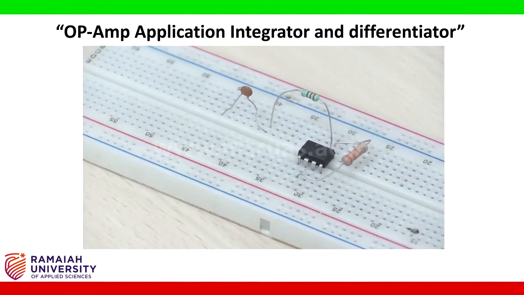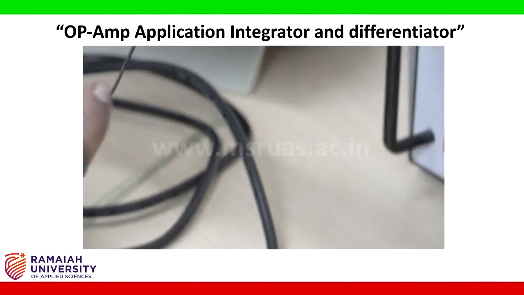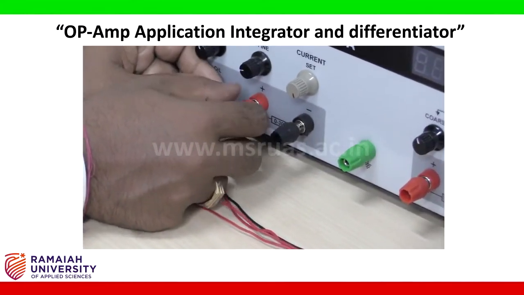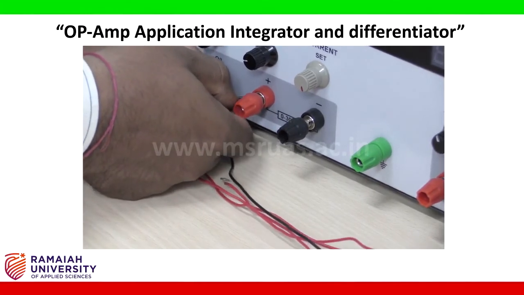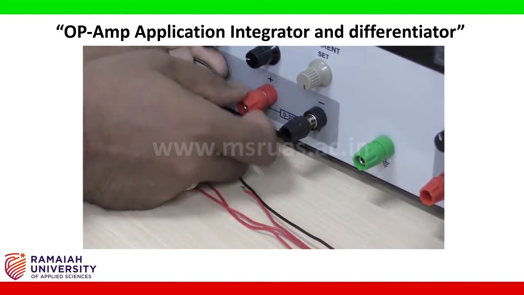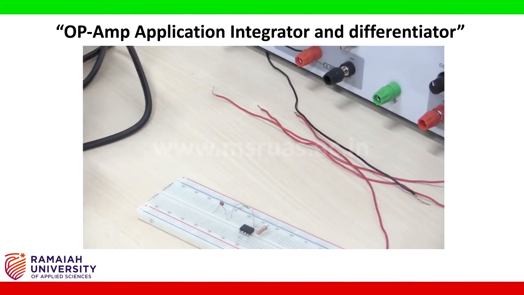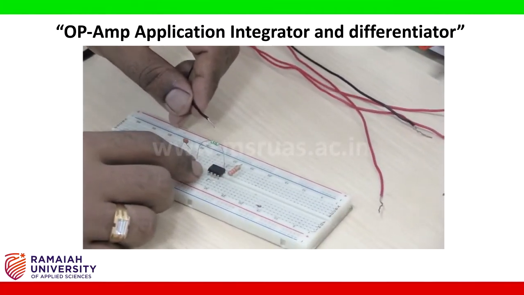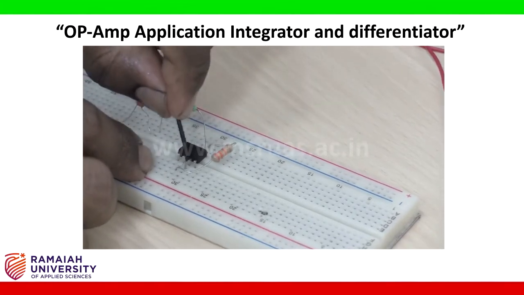So now I am going to connect the wire, the positive of the DC power supply, to pin number 7. 1, 2, 3, 4, 5, 6, 7 here, connected to here.